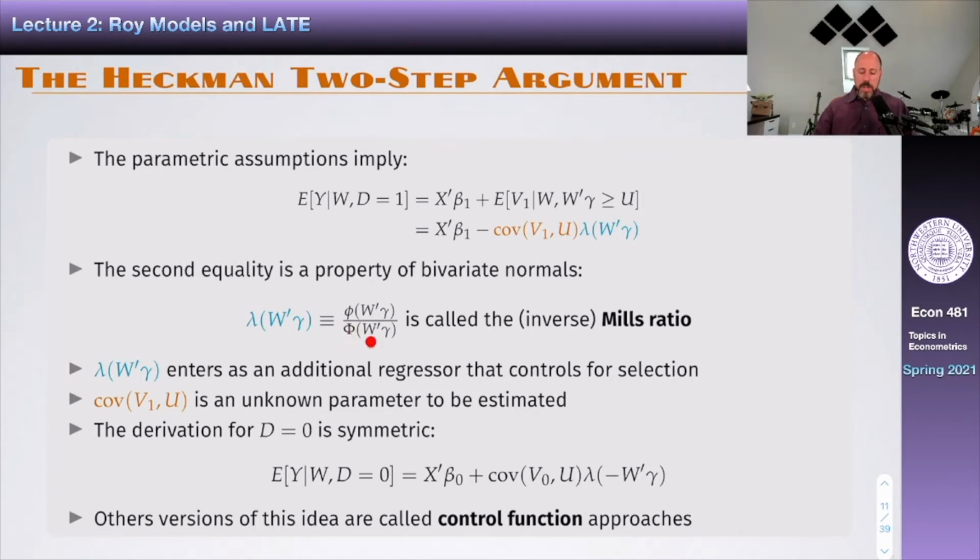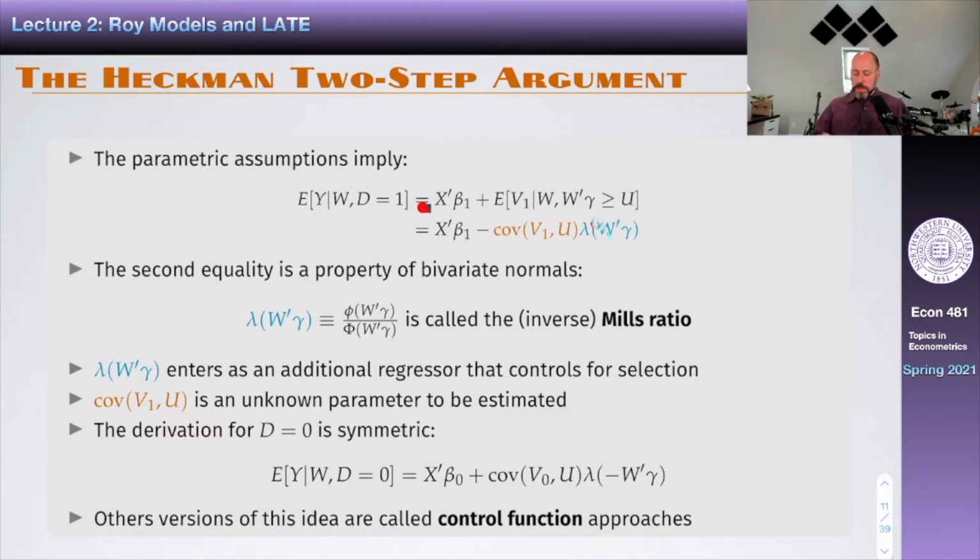So when you look at this, you see that this lambda function, the Mills ratio, enters the model as an additional regressor that controls for selection. At the end of the day, you run a regression that includes this as a covariate, and that will allow you to identify this parameter.